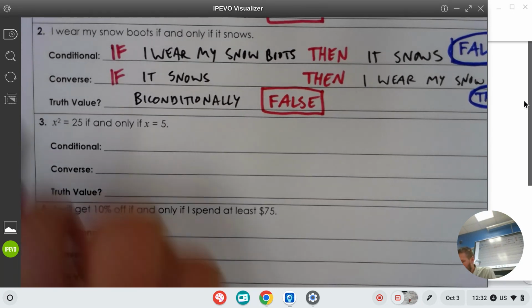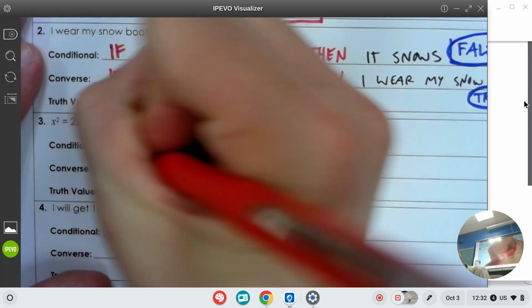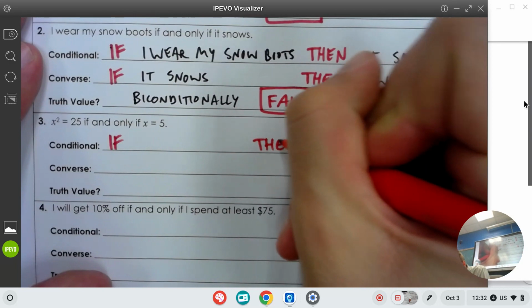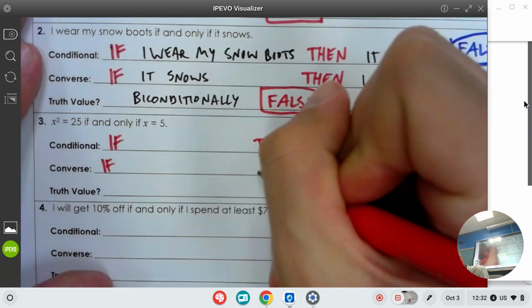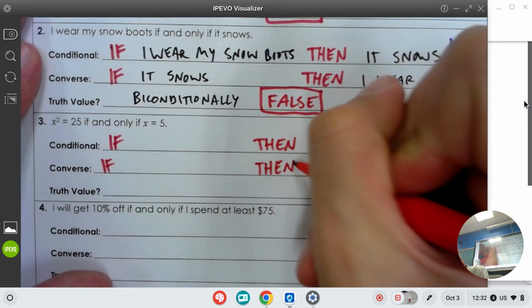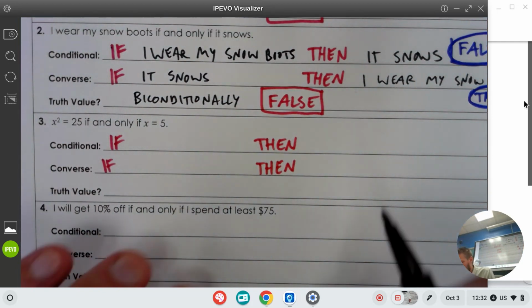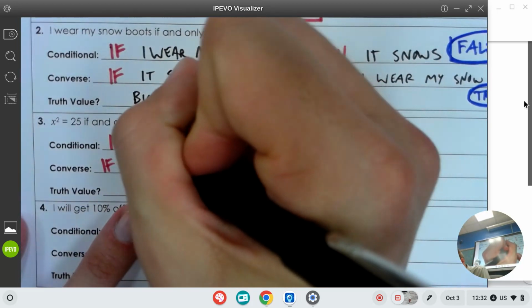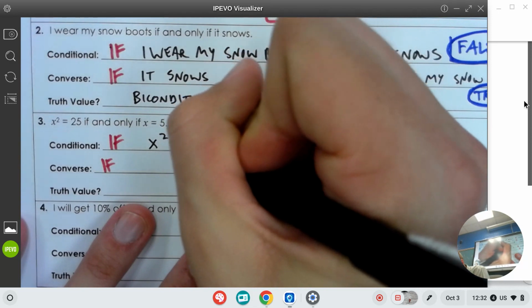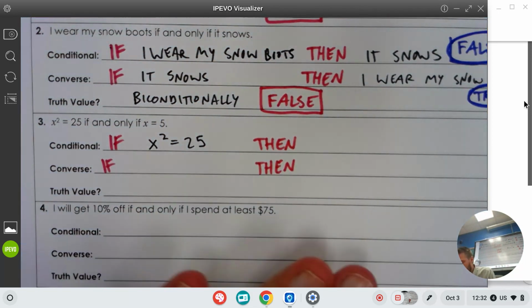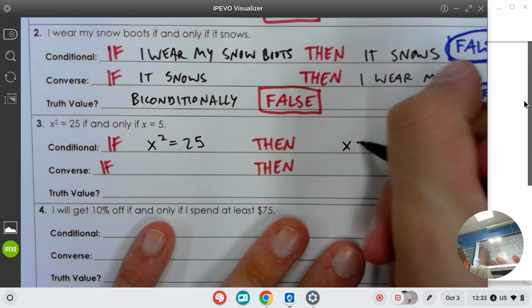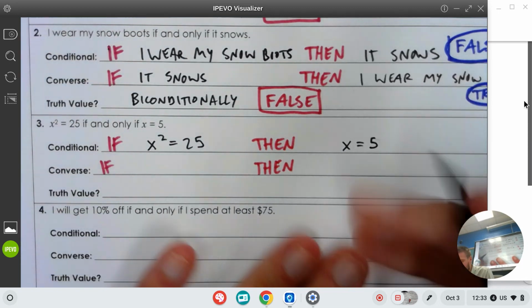So, we're going to need if-then statements. Conditional just means the typical forward part here. If x squared equals 25, then x equals 5.